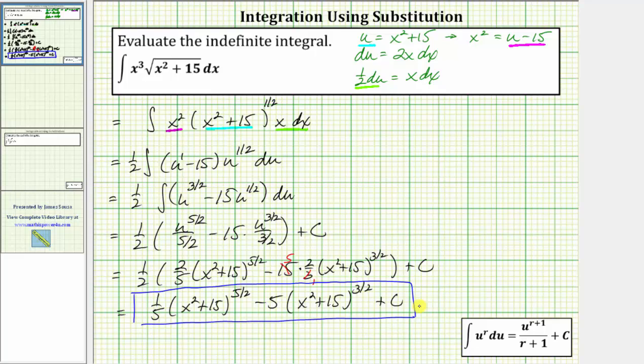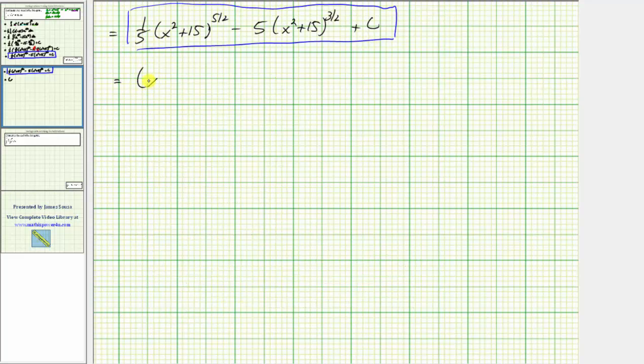But let's also show how to factor this by factoring the quantity x squared plus 15 raised to the 3/2 power from these two products, because this might be the form shown as the antiderivative in the back of a book or in your online homework system. So we'll factor the quantity x squared plus 15 raised to 3/2 from both products.